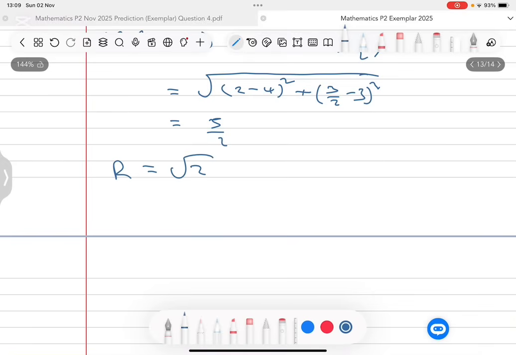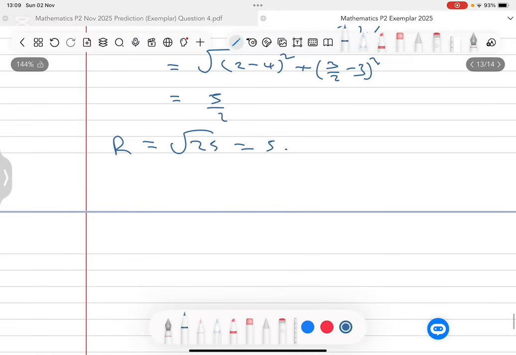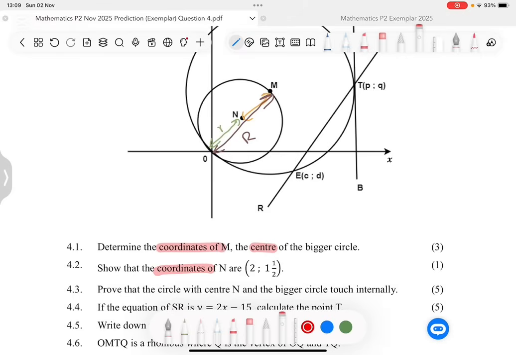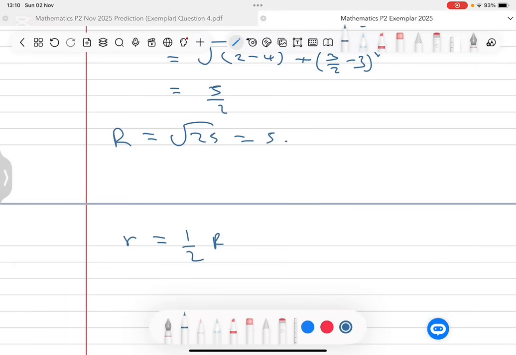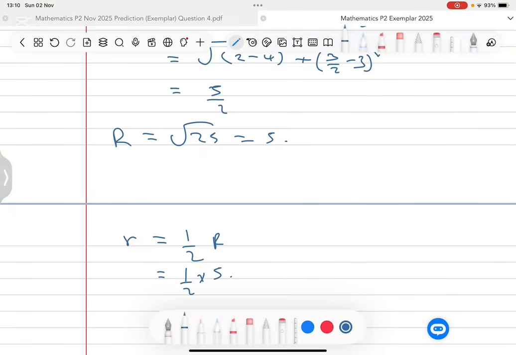So the root of 25 really is a 5. Now we have found the radius of the big circle. We then look for the radius of the small circle. The radius of the small circle really is half of the radius of the big circle. So I'm going to have 1 over 2 times 5. Remember, if I take half of this, I should get the r there.